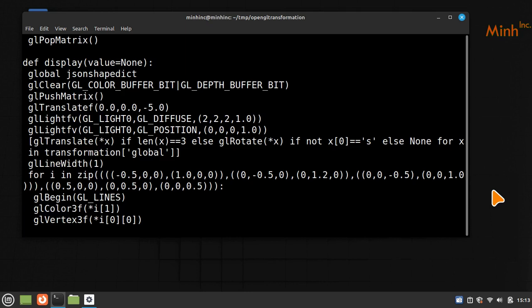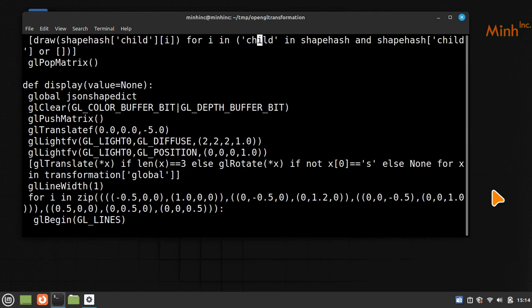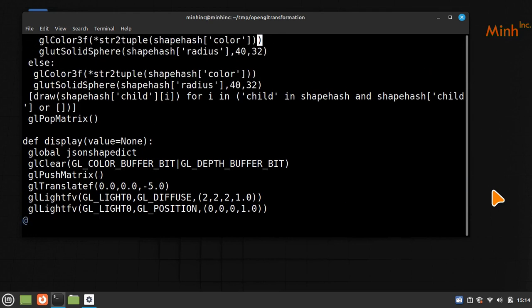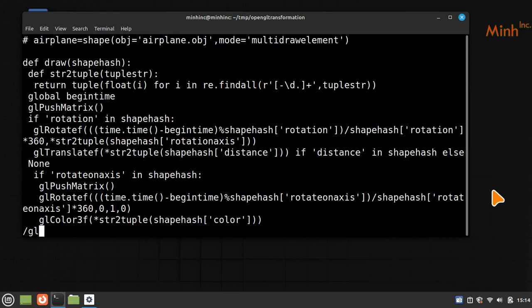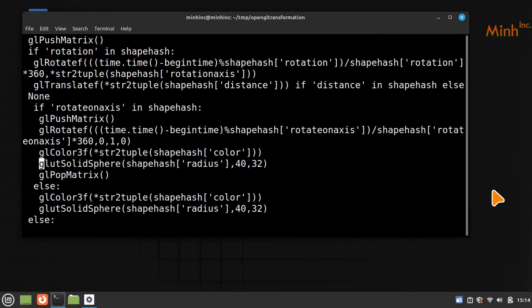Now instead of color, it would be GL material. So here we have glColor. Now color would be replaced by glMaterial.